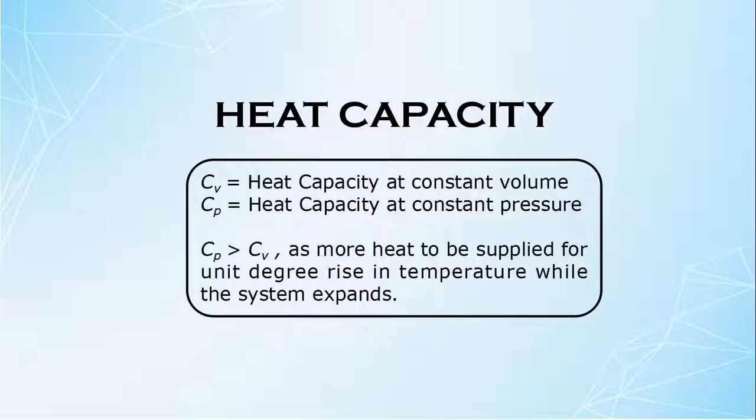One is the heat capacity while maintaining the specimen volume constant, denoted as capital C sub V. The other is the constant external pressure, which is denoted as capital C sub P. The magnitude of heat capacity with constant pressure is almost always greater than the heat capacity with constant volume. However, this difference is very slight for most solid materials at room temperature and below.